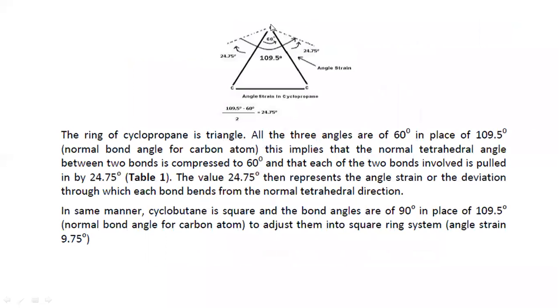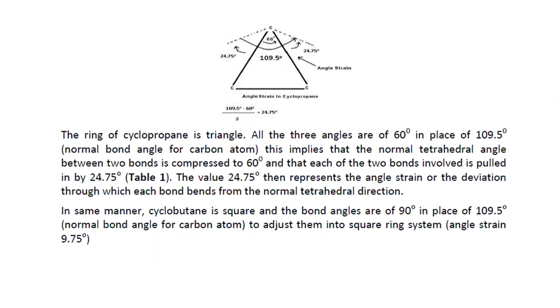This carbon atom, when it is in tetrahedral geometry, should achieve the bond angle of 109.5. But this is not the case with cyclopropane. They are going to strain their chain.